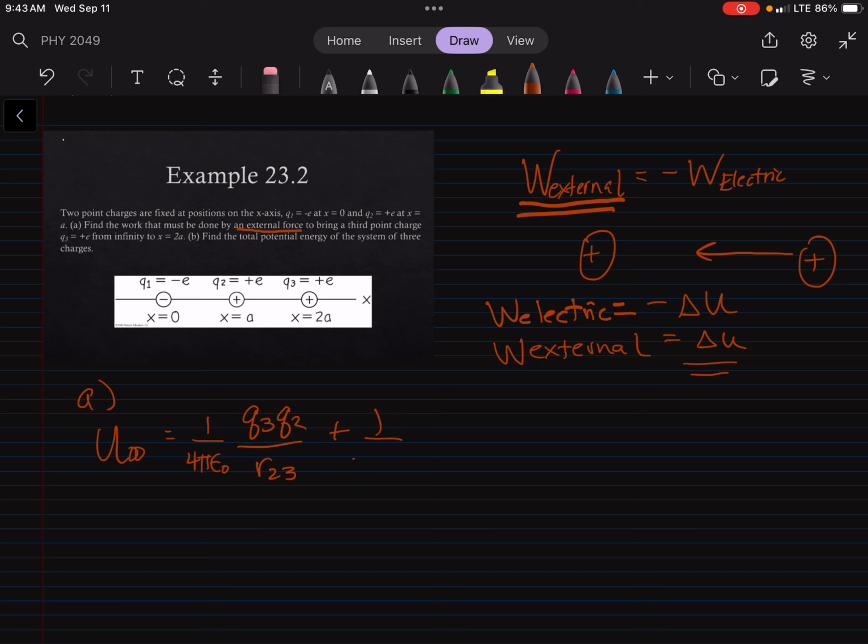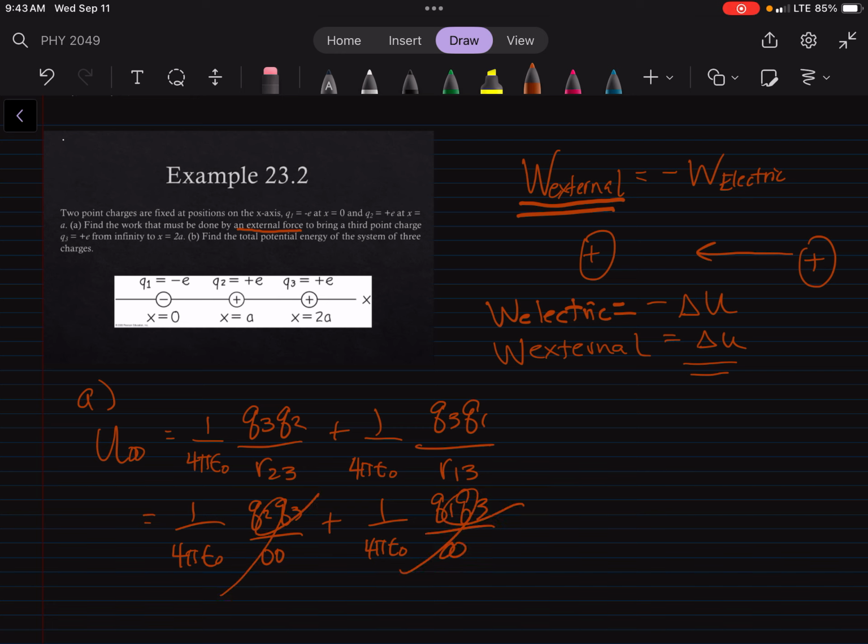And then the second term, what's the energy between Q3 and Q1 at a distance R13? All right, so what would those distances be if we are at infinity? Well, they would be infinity, right? And we know that 1 over infinity is 0. So that would make these 0, right? And so the total potential energy when Q3 is at infinity is 0.